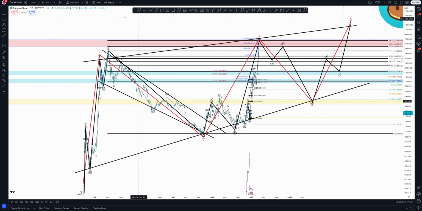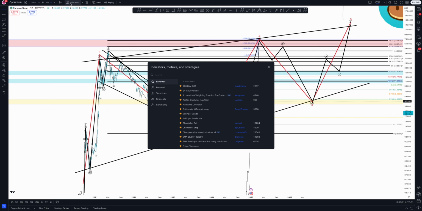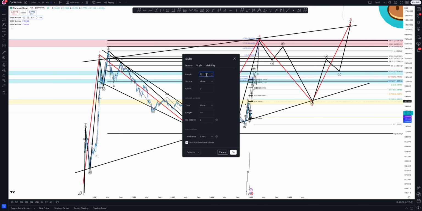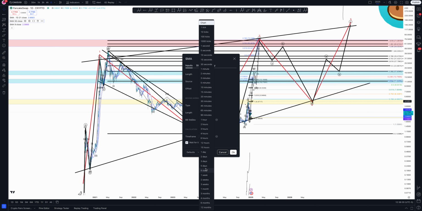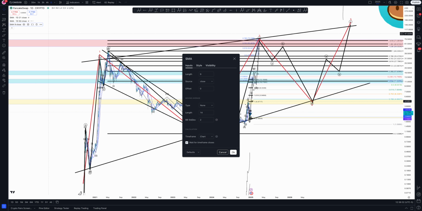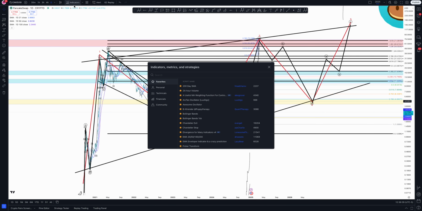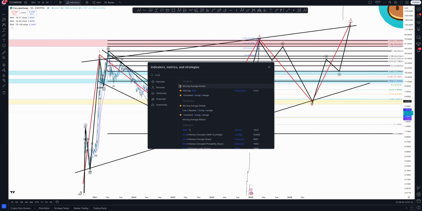And what you guys can actually do is use the moving averages right here. Okay, so you put the 21, 50, 100, and 150-day moving average.